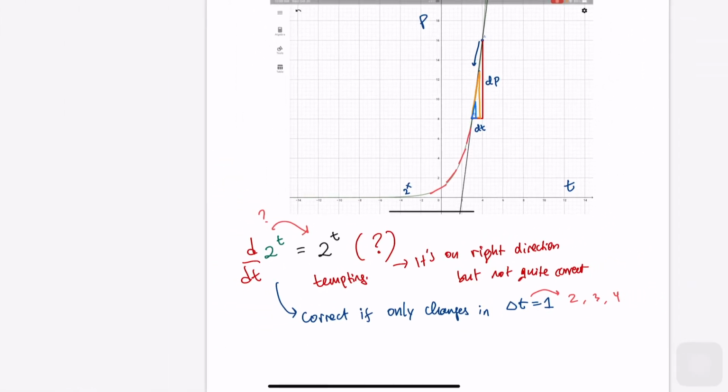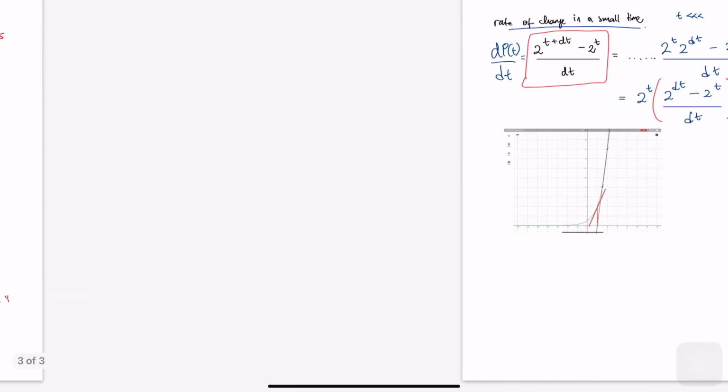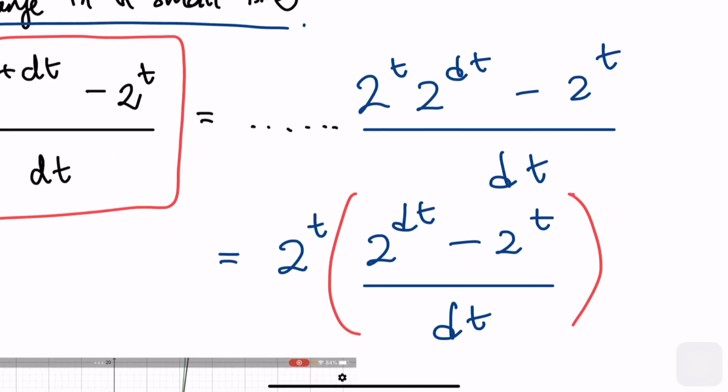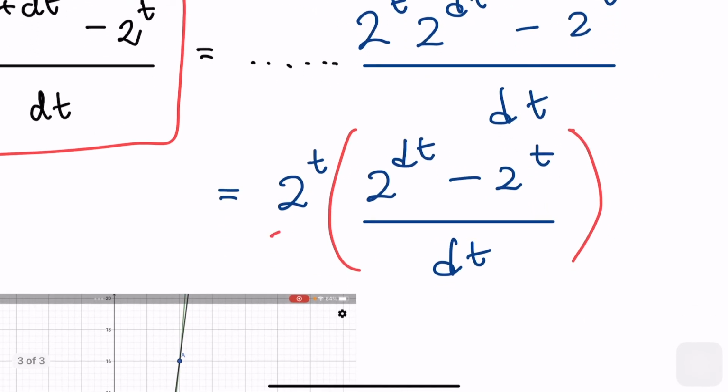If you look at a small change in t, we get the idea that actually we have this original function, this original p(t), multiplied by some constant.